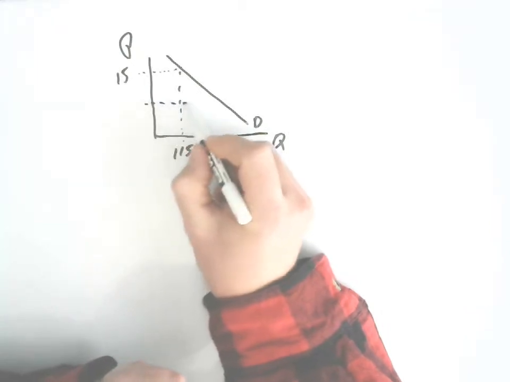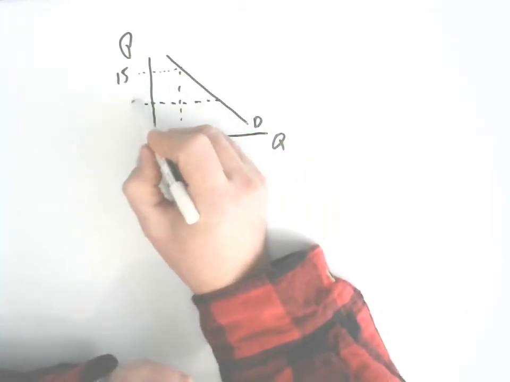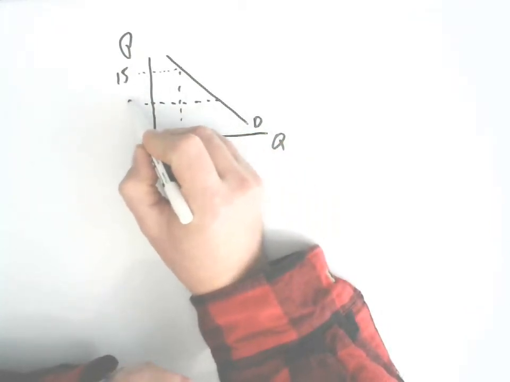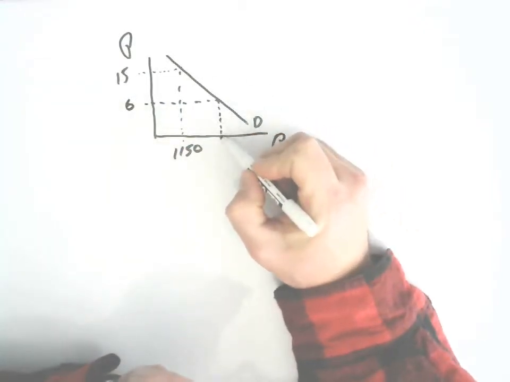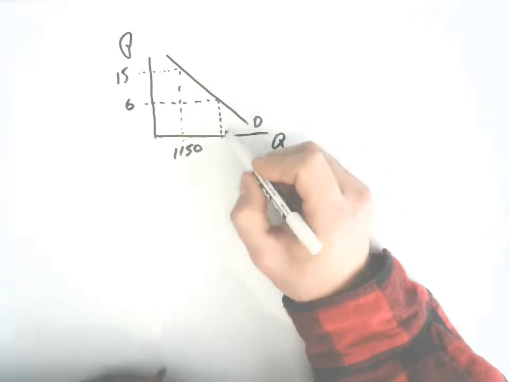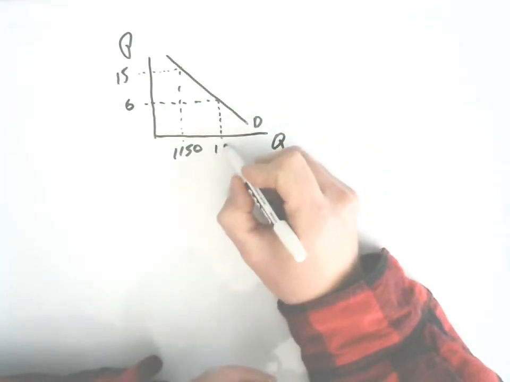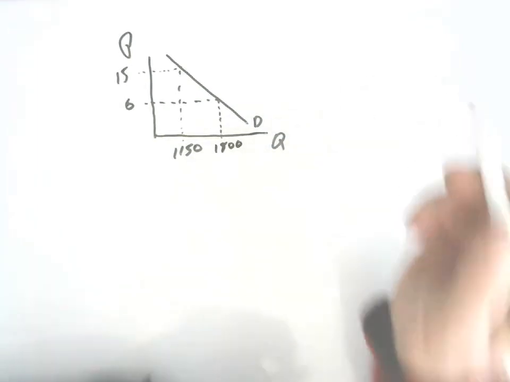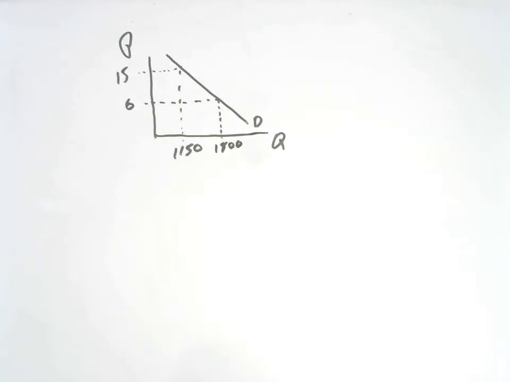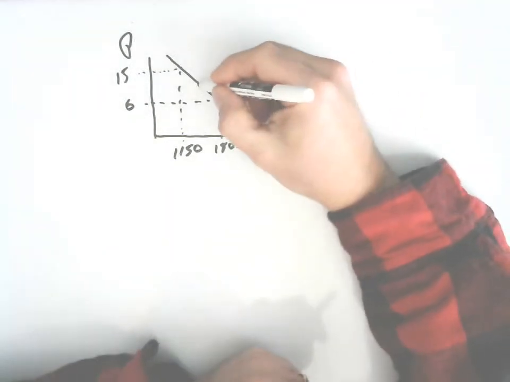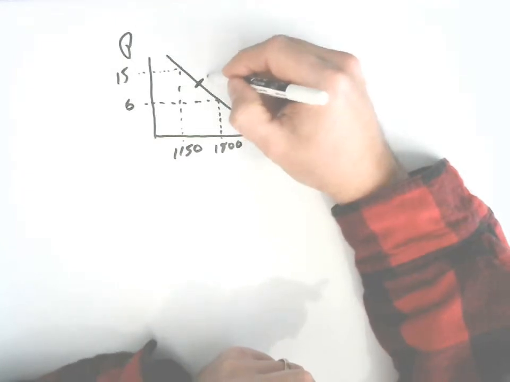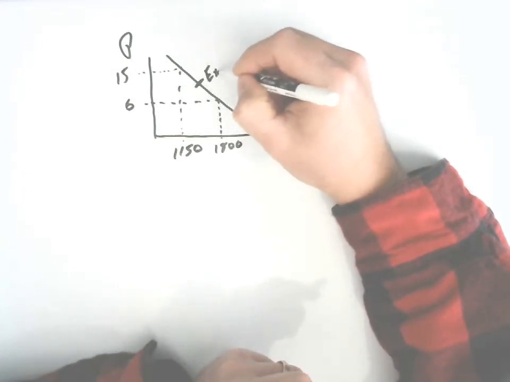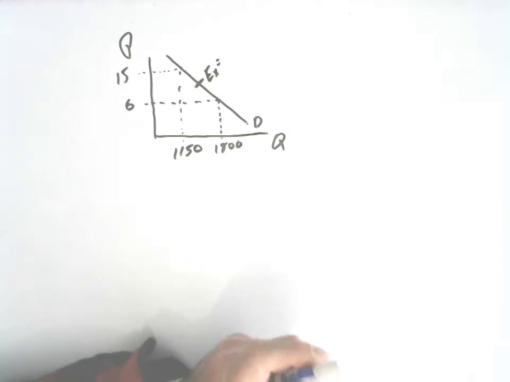At a price of, say, $6 per unit, I would sell approximately, I don't know, say 1,800 units. Let's calculate the price elasticity of demand between these 2 points. In other words, the price elasticity of demand at that point, right there, between the 2 price levels.